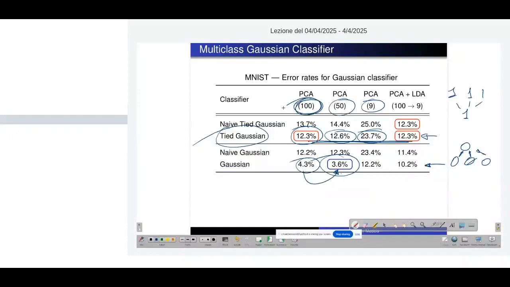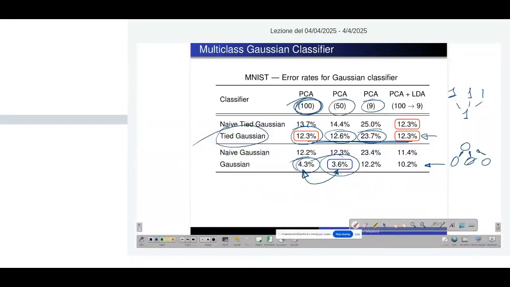This means that the 100 contains all the information that is already in the first 50 PCA dimensions, plus other information that makes my estimate less robust because of the larger number of covariances that I need to estimate.